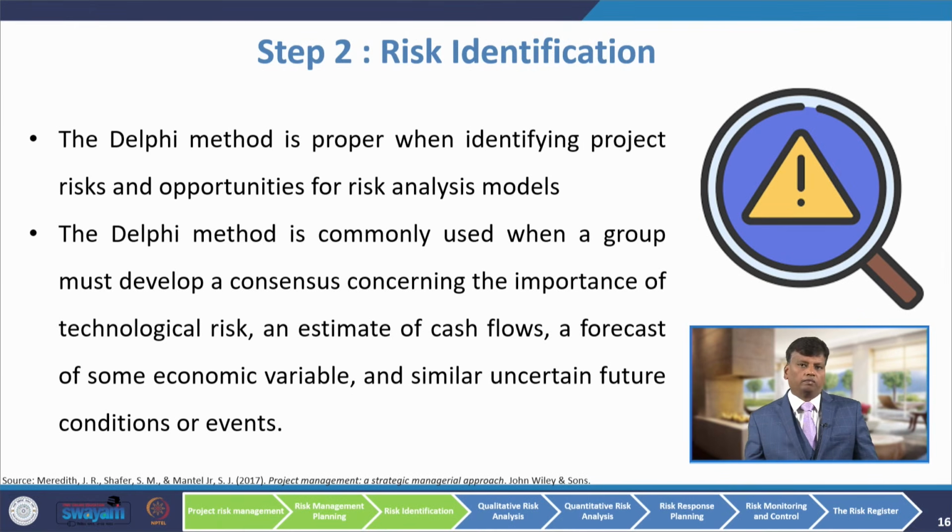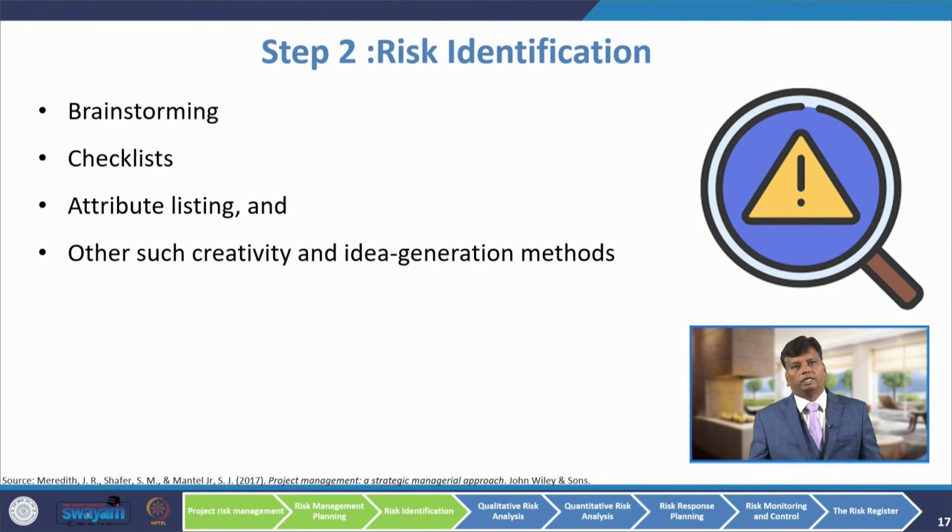One of the techniques for identifying risk is the Delphi method. The Delphi method is proper when identifying project risks and opportunities for a risk analysis model. It is commonly used when a group must develop a consensus concerning the importance of technological risk, an estimate of cash flows, a forecast for some economic variable, and similar uncertain future conditions or events.